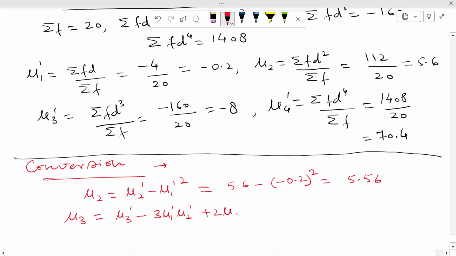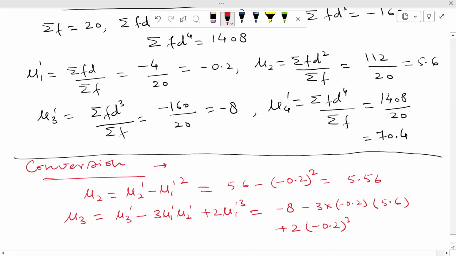And similarly mu3, the formula is mu3 dash minus 3 mu1 dash mu2 dash plus twice mu1 dash cube. So when you put all these values here, this is minus 8 minus 3 into mu1 dash, and mu1 dash is minus 0.2, and mu2 dash is 5.6, plus 2 mu1 dash cube, so mu1 dash is minus 0.2, and we are putting the cube over here.